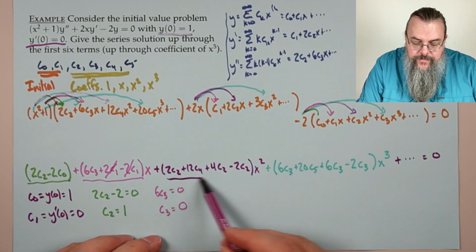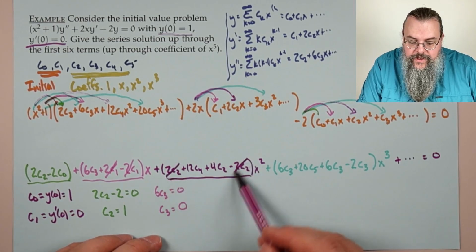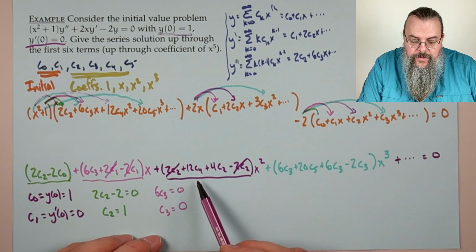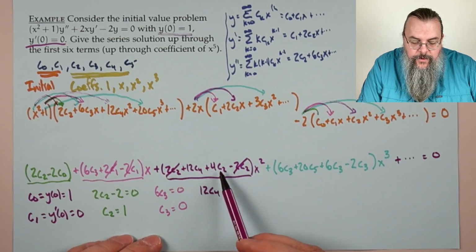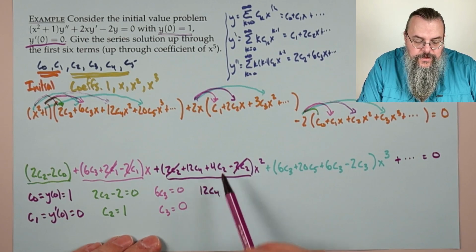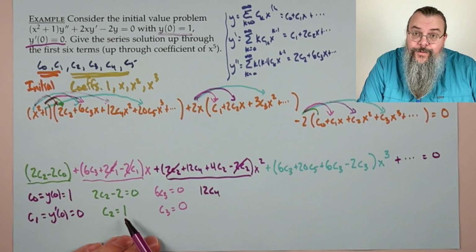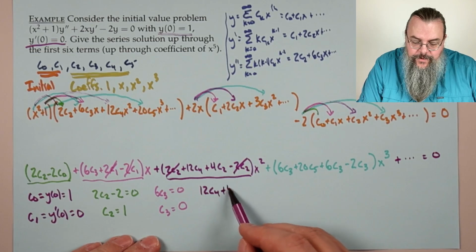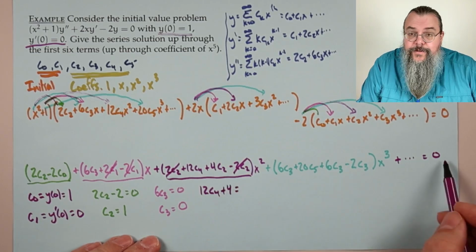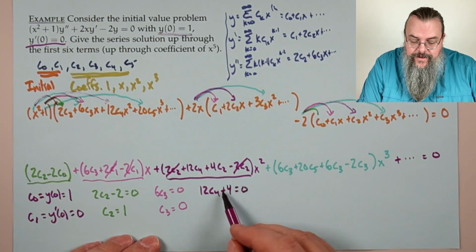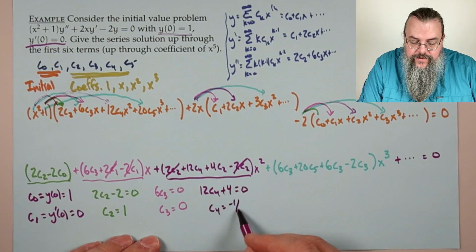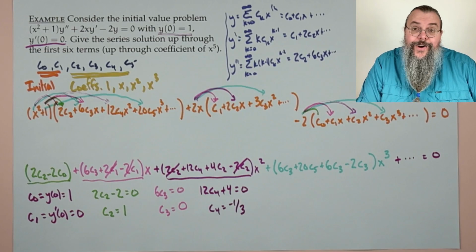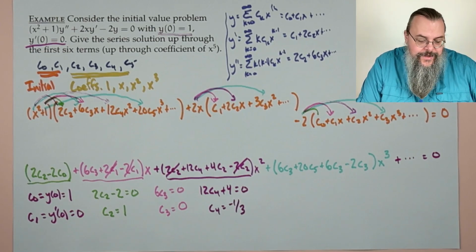Well, the 2 C2s cancel there. So we're left with 12C4 plus 4C2. Well, what's C2? It's 1. So plus 4 equals 0. Subtract 4, divide by 12. C4 is minus a third.